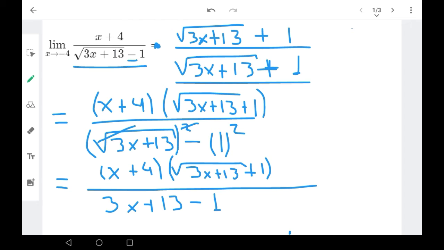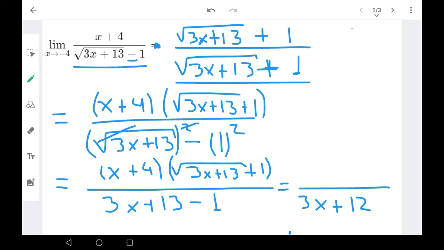So this is the expression that we have. But now, 3x plus 13 minus 1 is 3x plus 12. So on the denominator, I will have 3x plus 12, right?